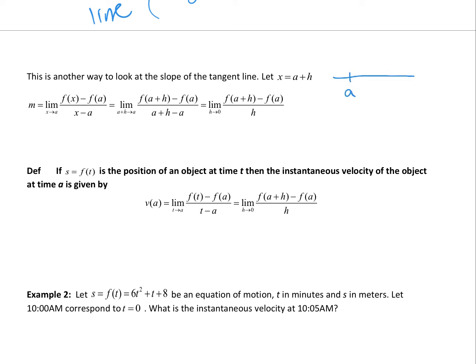Before, my a was here, my x was here, and we took the limit as x approaches a. That's one way to look at it. The alternate formula has h, and they label the next point a plus h instead of x.